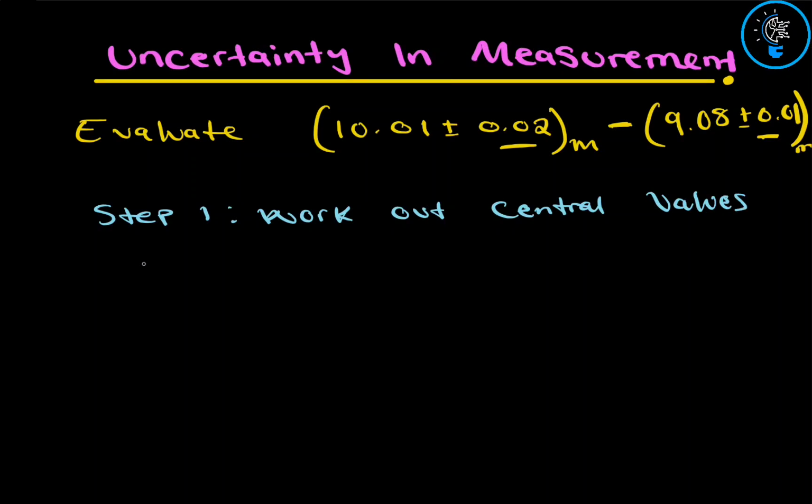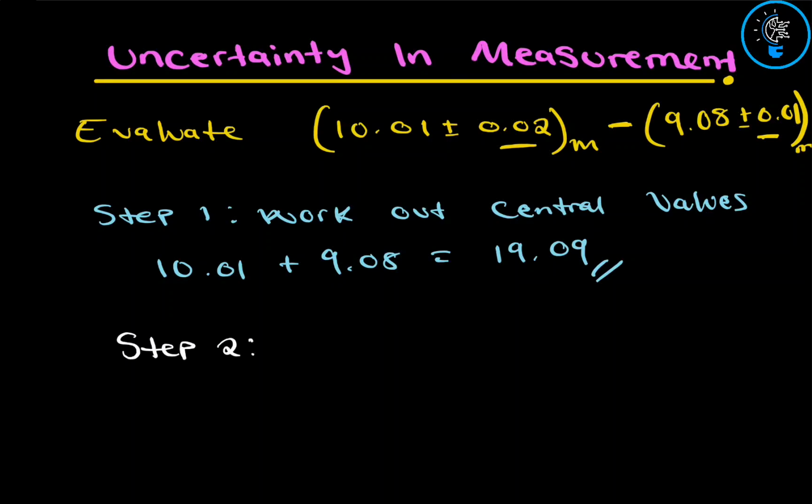So we are saying 10.01 has to be added with 9.08, which will give us, when you punch your 10.01 plus 9.08, you're going to get 19.09. So this one is your central value.